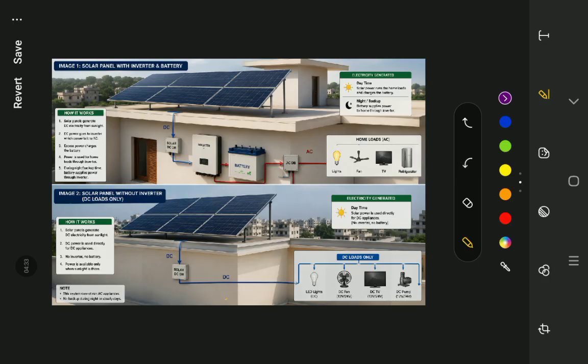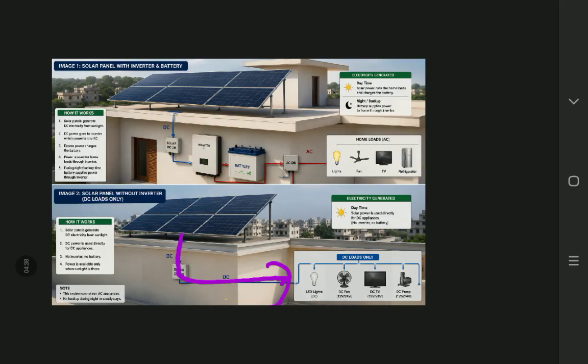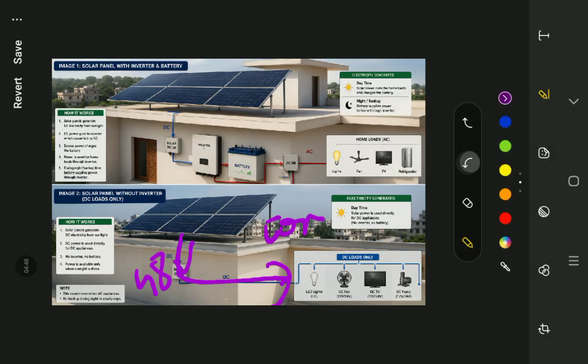From the solar DC distribution board the output comes, and if we use a buck converter, which converts from high voltage to low voltage, we can adjust appliances based on a voltage controller or a speed controller.